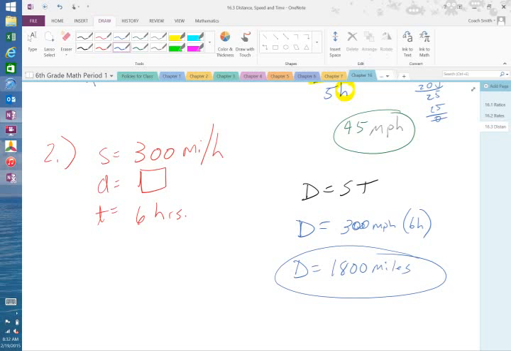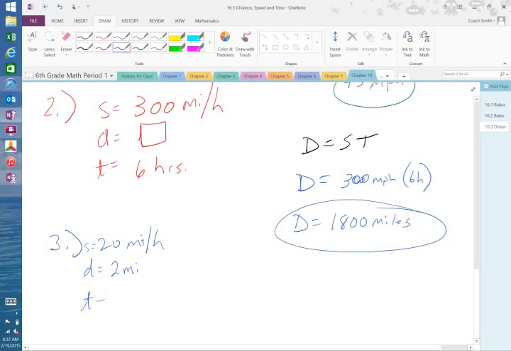Okay, so we have found speed. We have found distance. So guess what the next one's going to try to find? Time. Okay, so we have time. So number 3 says 20 miles per hour. Distance, whoops, that's speed. Distance is equal to 2 miles.